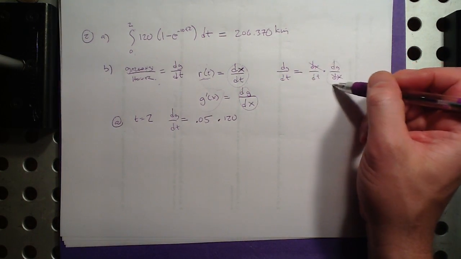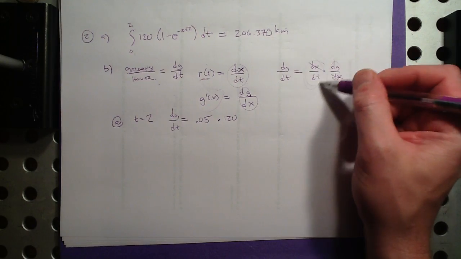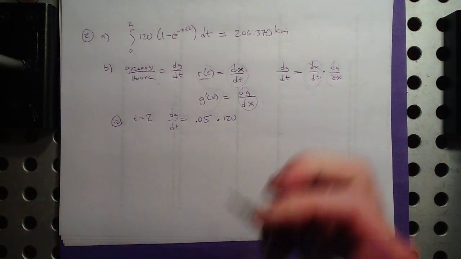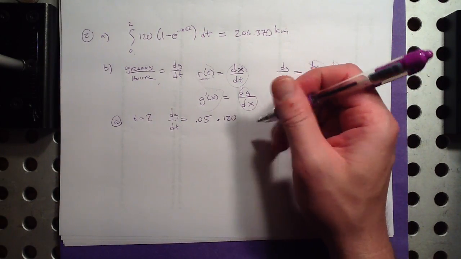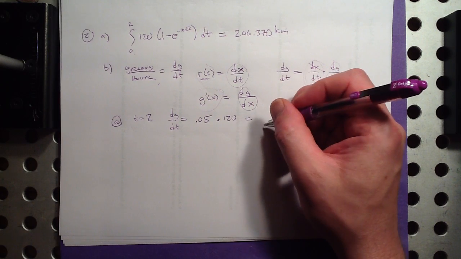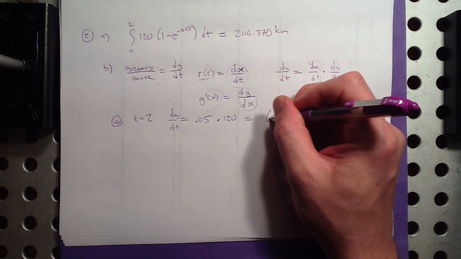That's the value of dx/dt, right? Plugging the 2 hours into this gives us a value of 6.